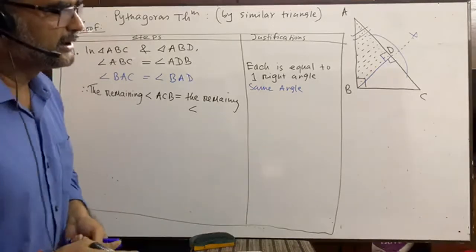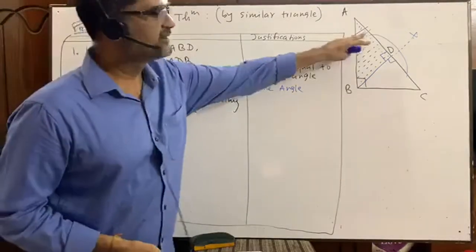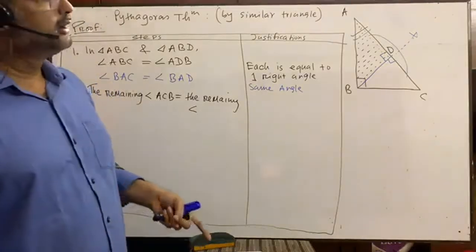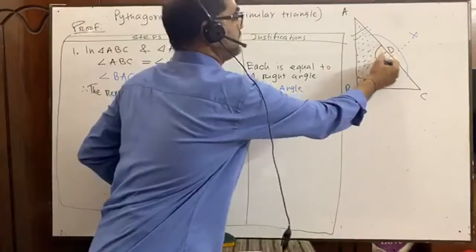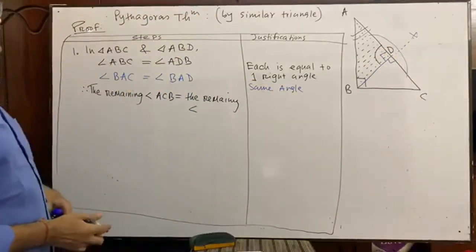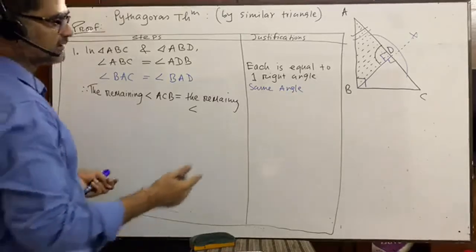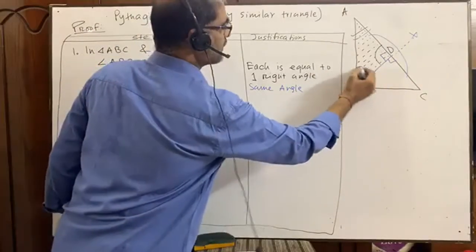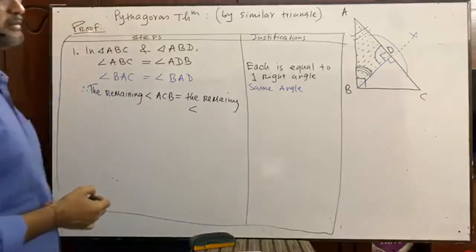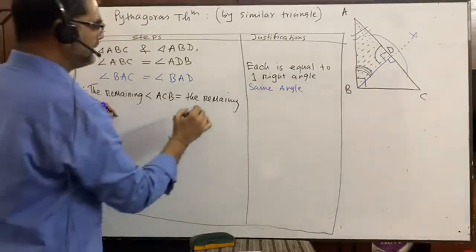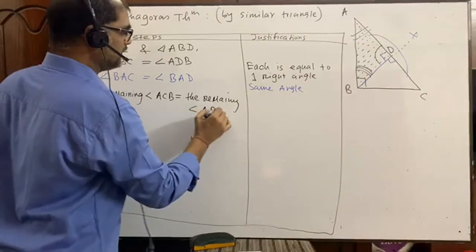Which one is the remaining angle? This angle has been considered for triangle ABD, and this angle also. The angle not taken yet is angle ABD.